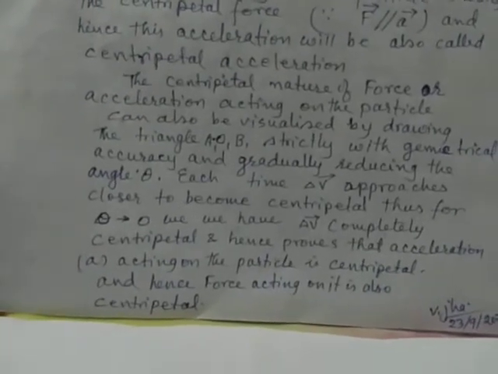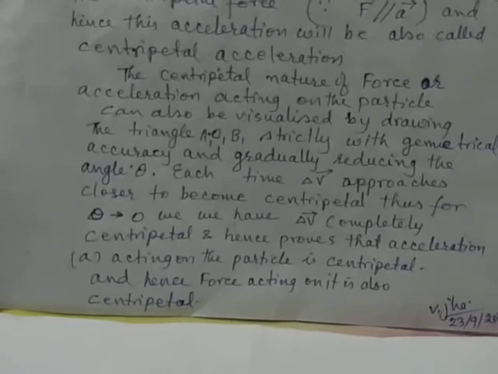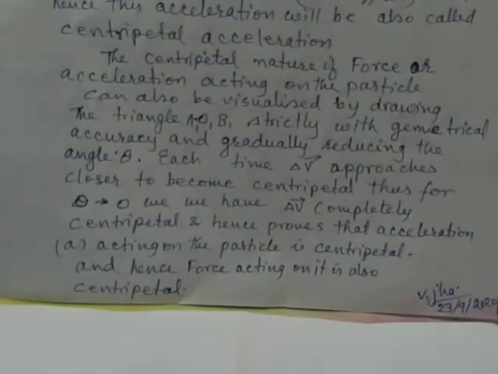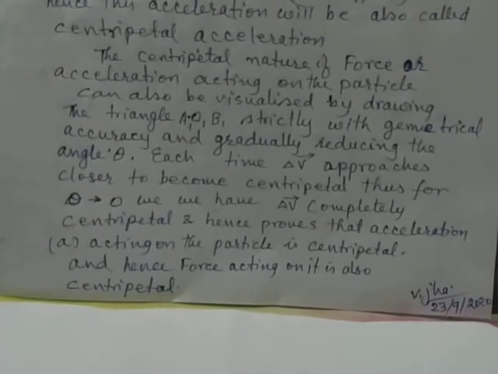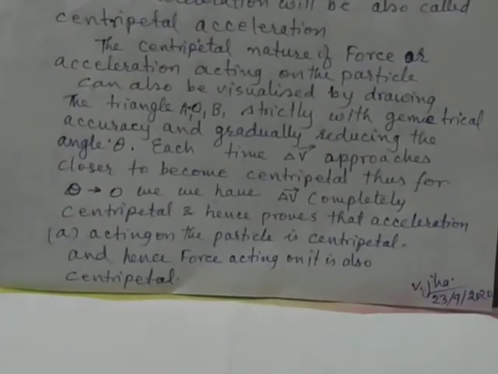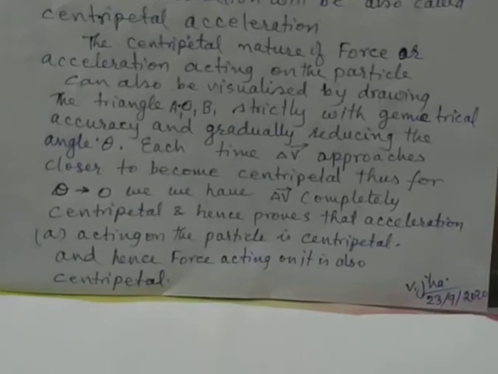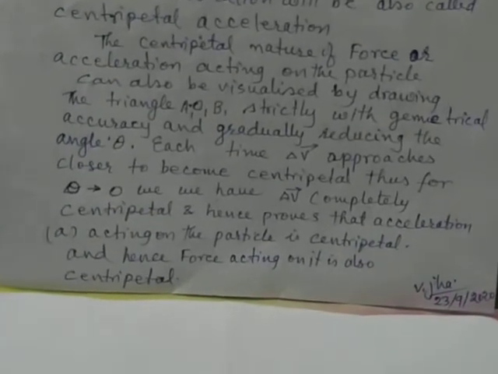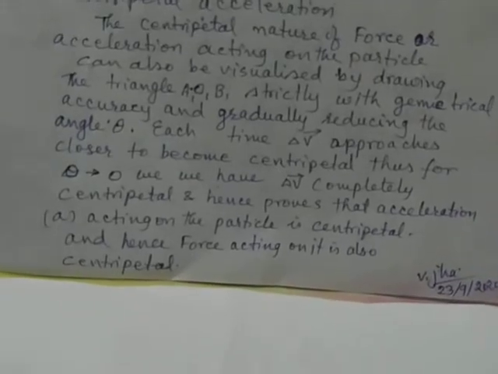And this force is always directed towards the center, because the velocity is bending towards the center, and hence we call it centripetal force. Since the centripetal force is towards the center, the acceleration should also be towards the center.